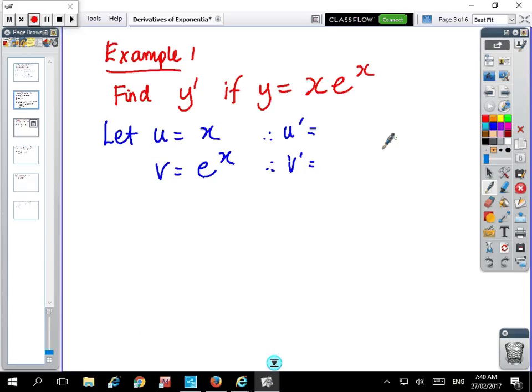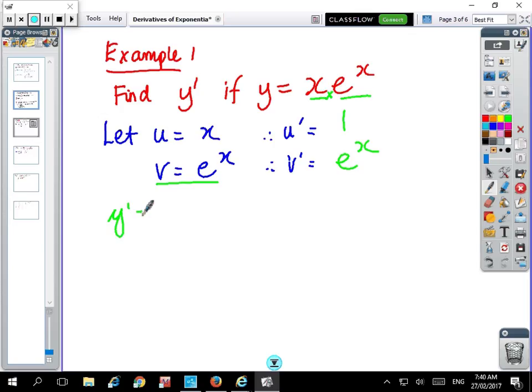Okay, moving on. So let's have a look at this example, and we're going to look at xe^x on the last slide as well. So find the derivative if y equals xe^x. So we've got two things, both with x in it. So let the first one be u, the second one be v. So we've got u dash equals 1, and from the first video, e^x stays as e^x.